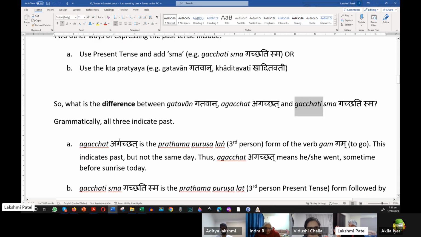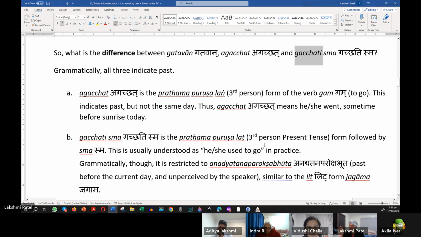Okay. Now, agachat is past but not the same day. It means that he went sometime before sunrise today. Anadyatana bhute lang. Gacchati sma usually means he used to go.